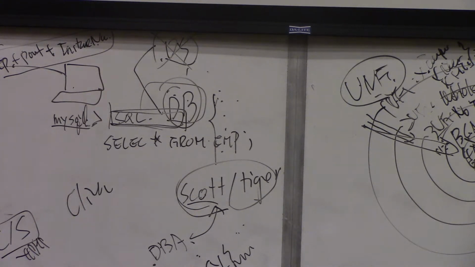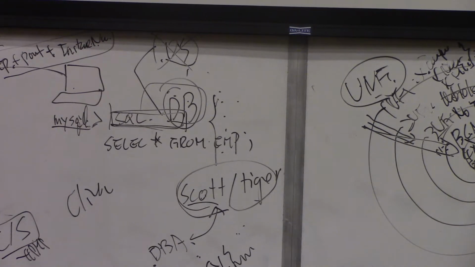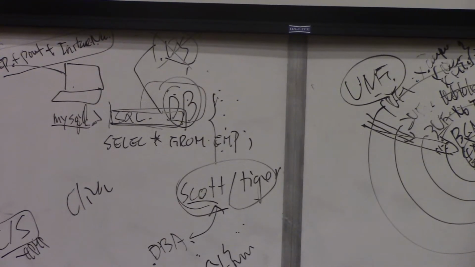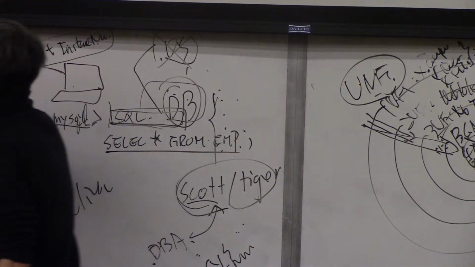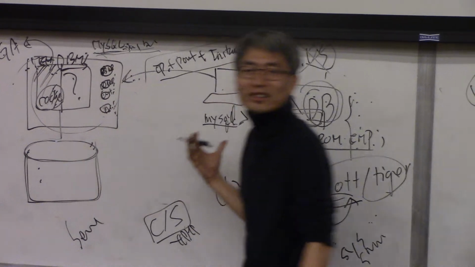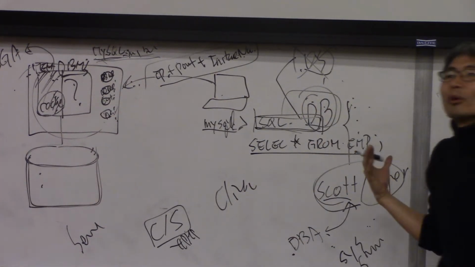Is it difficult or easy? It's very easy compared to other programming languages, which means this is a very, very high-level language. Which means when you submit this query, the DBMS cannot understand this query. So what do you need to do?